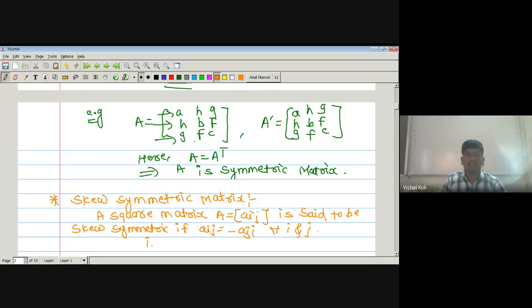That is, A is nothing but minus of A transpose. Then we say that the corresponding matrix will be a skew symmetric matrix.